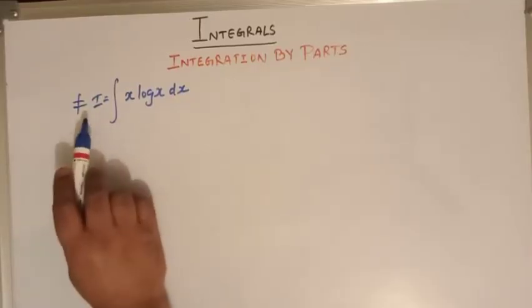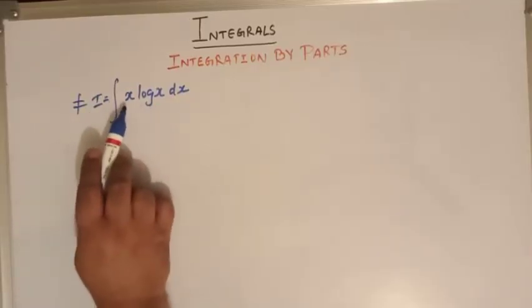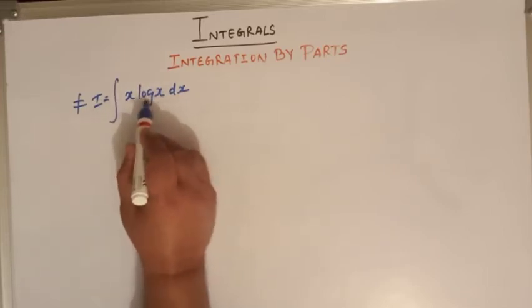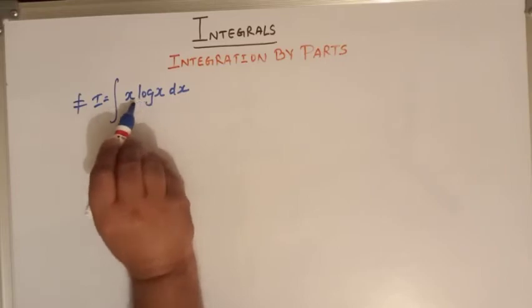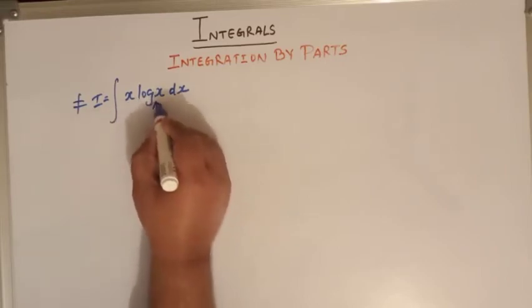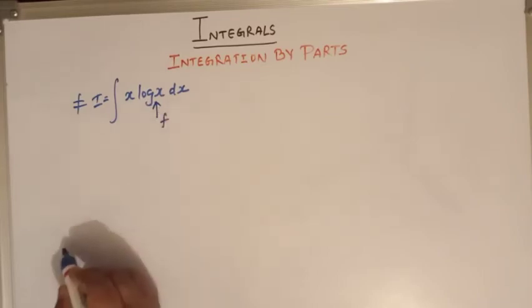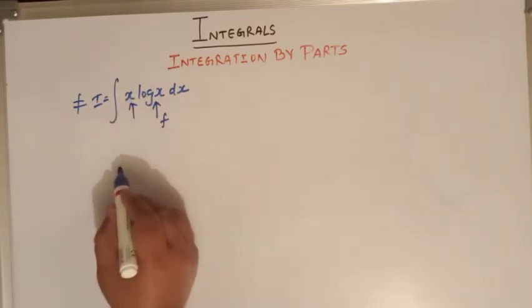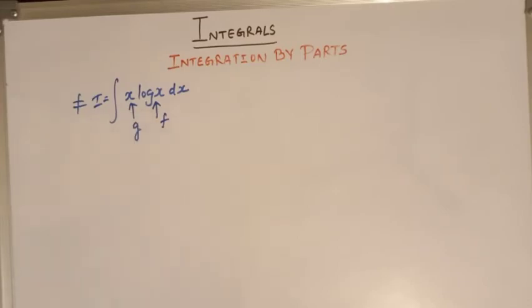Viewers, let us take this problem. We have to find the integral of x log x. Here log x is the logarithmic function, so let us take it as the first function f, and x is the polynomial function, so take this function as the second function.